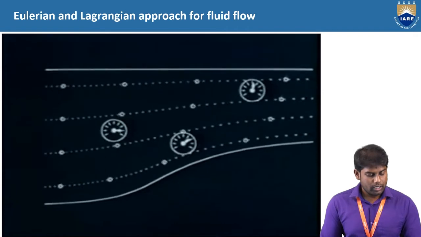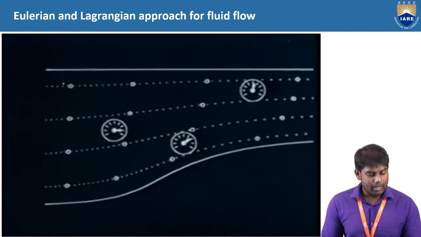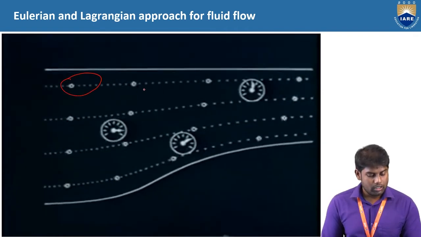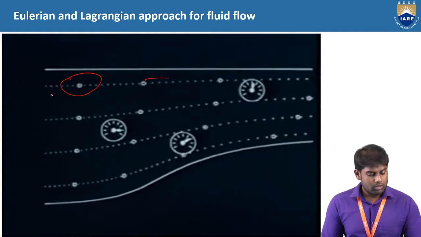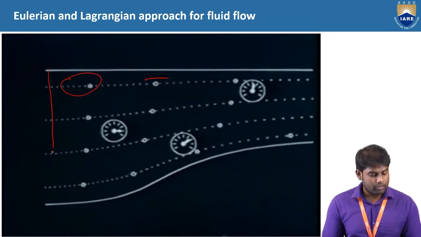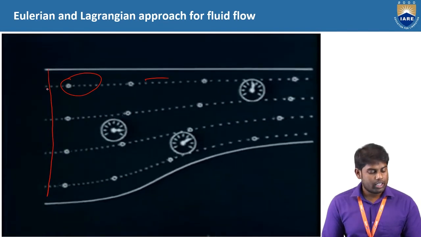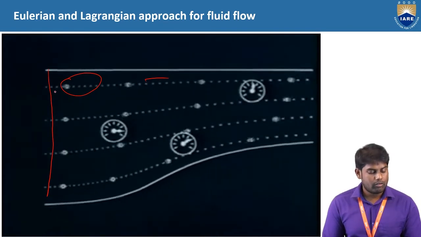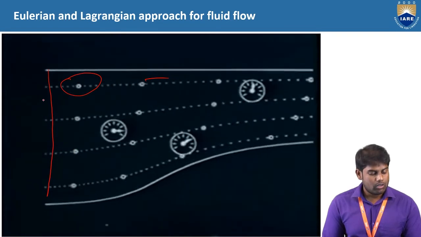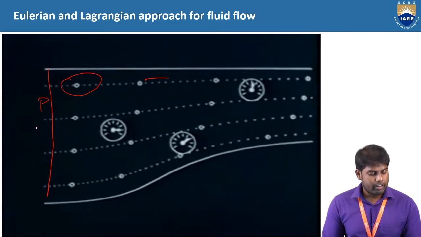So here you can see there are different fluid particles. Let's say this is the cross section of the pipe. When these fluid particles are entering, with respect to the cross section, what are the flow properties? What is the pressure, what is the velocity?